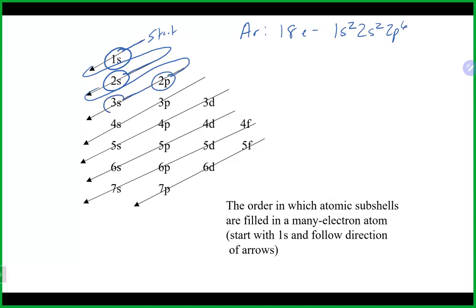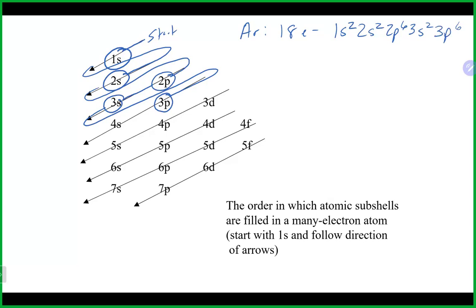We need to zigzag there then to our 3s2. If you're not sure where you're at this point, again, you can just count the top numbers: 2 and 2 is 4 and 6 is 10. So we're at 12 electrons, so we still got 6 more to go. So we got to zigzag back. And again, the next spot's going to be our 3p6. And that should be the electron configuration for argon. Any questions on that there?